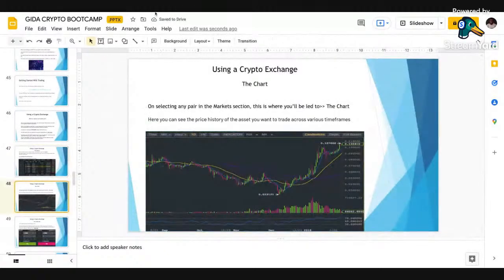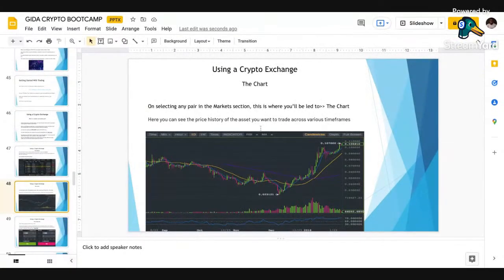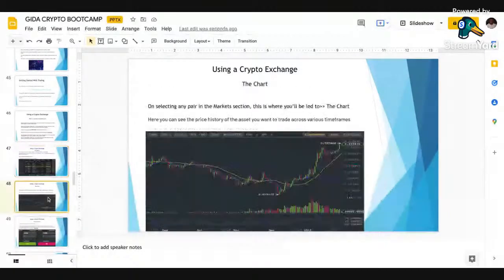Now, another thing you get to see when you visit a crypto exchange is what we refer to as the charts. This chart is what you see when you visit any market section and click it, for example, this NEO/BTC that is highlighted. When you click this NEO/BTC, you're going to be led to this.